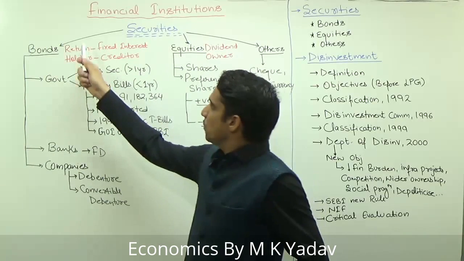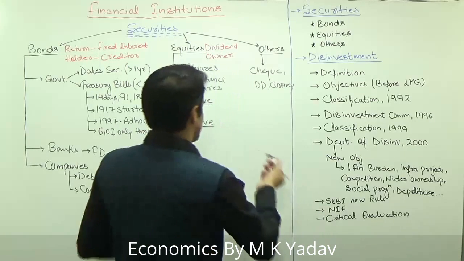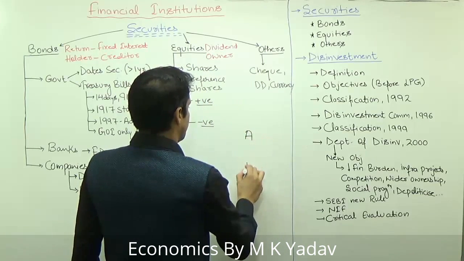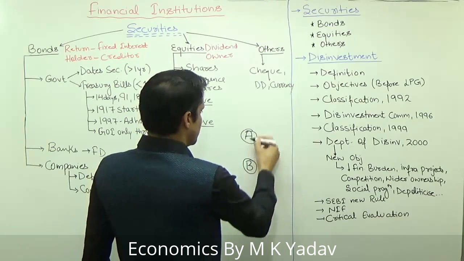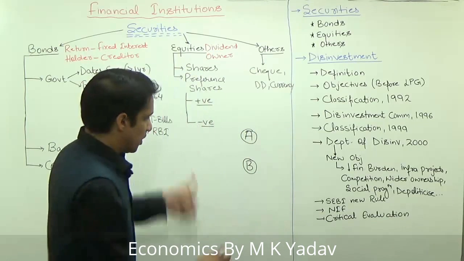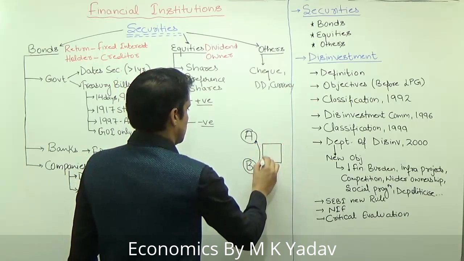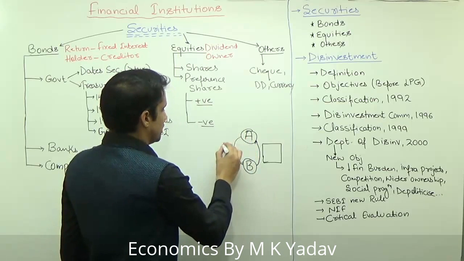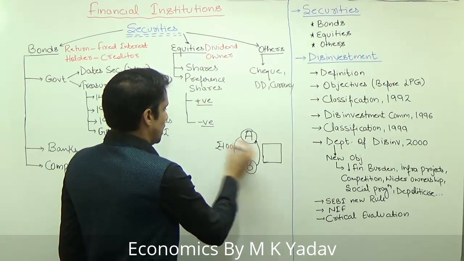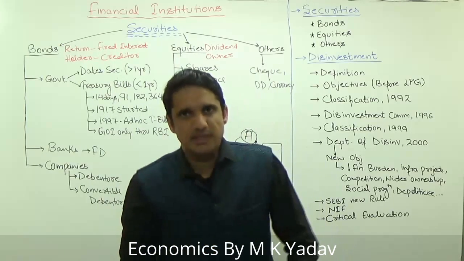That characteristic is what you get in return. In case of a bond, there is a relationship between two entities, A and B. Bond means B is giving a piece of paper on which it is written, you gave me this much amount of funds, for example 100 rupees, and I will give you 5% or 10% interest rate, whatever that interest rate is.